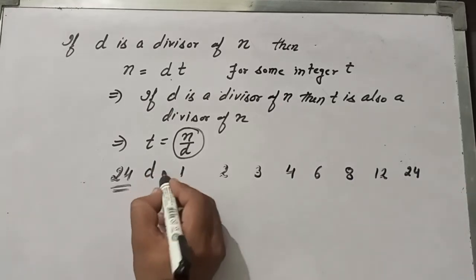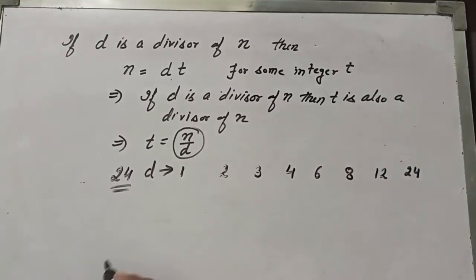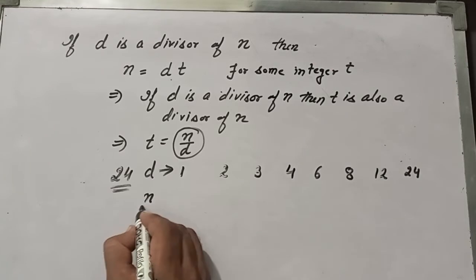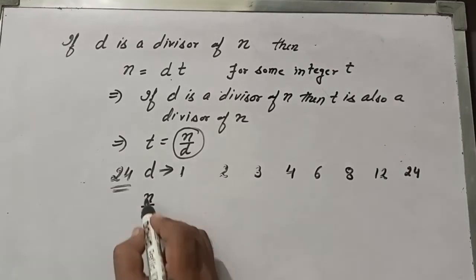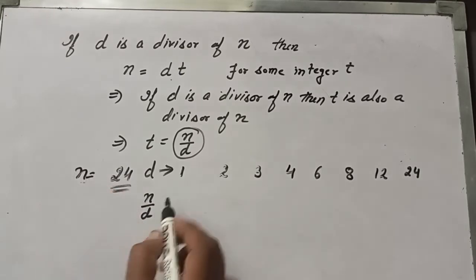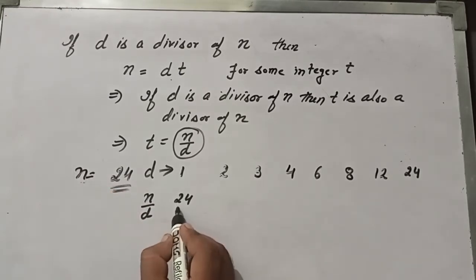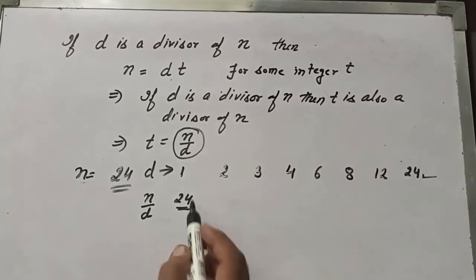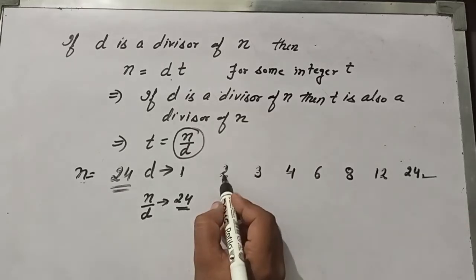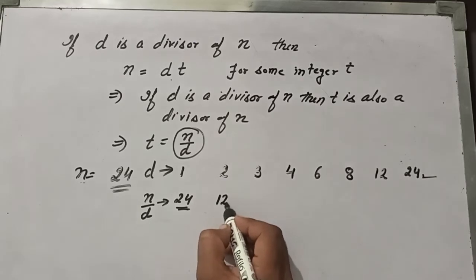These are the divisors. So you can compute n by d also. If d is 1, then n by d is 24, and 24 is also a divisor of 24. You can see here. Okay, now if d is 2, then n by d is 12.